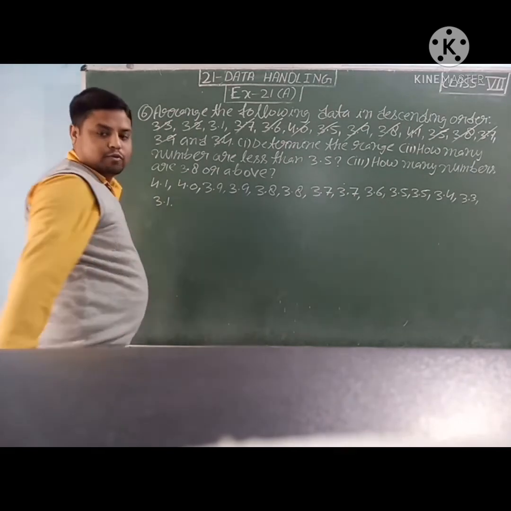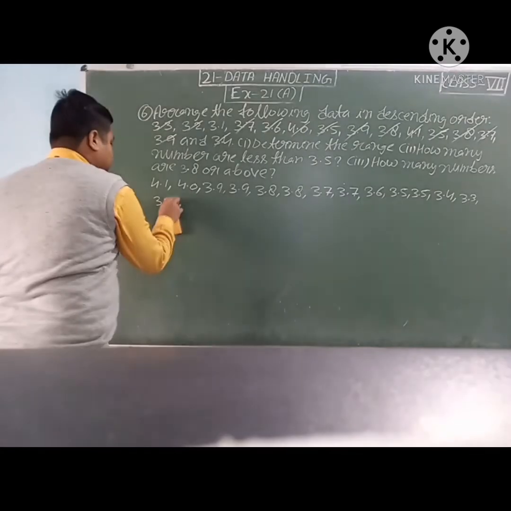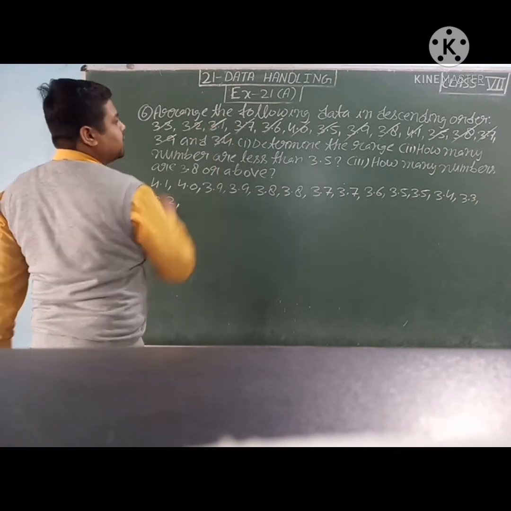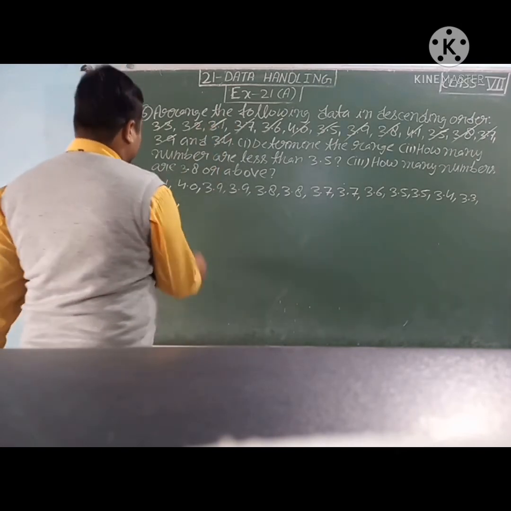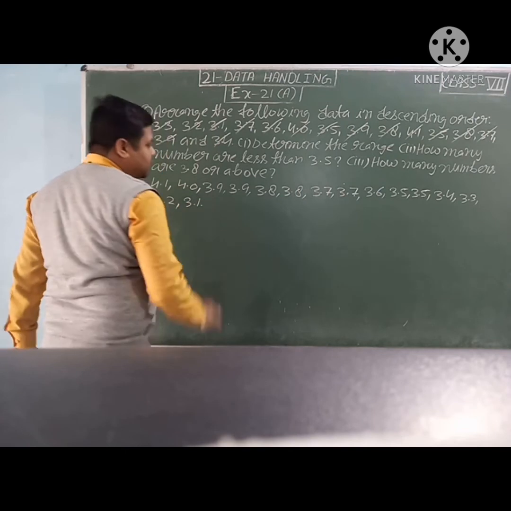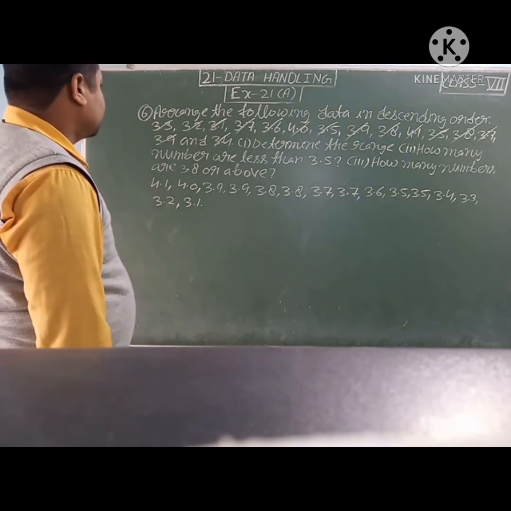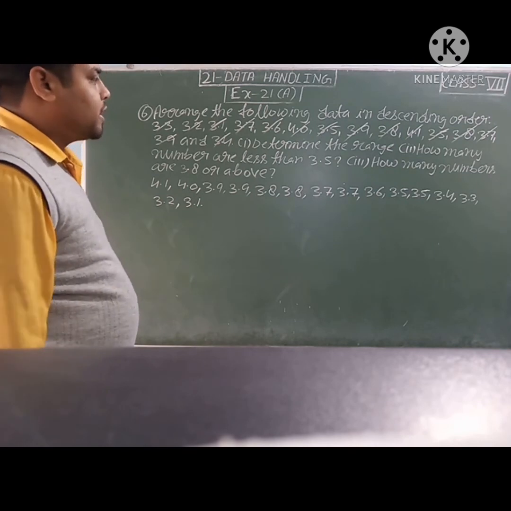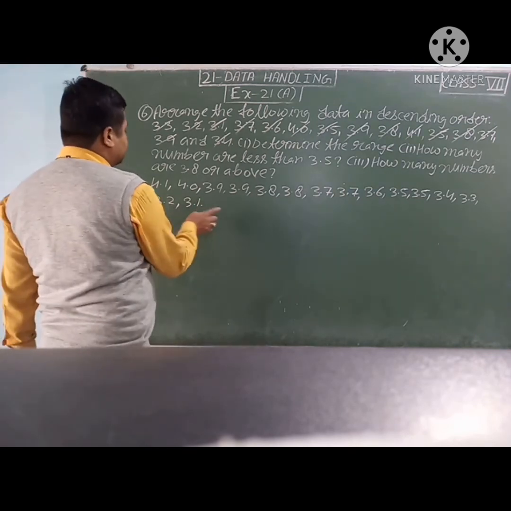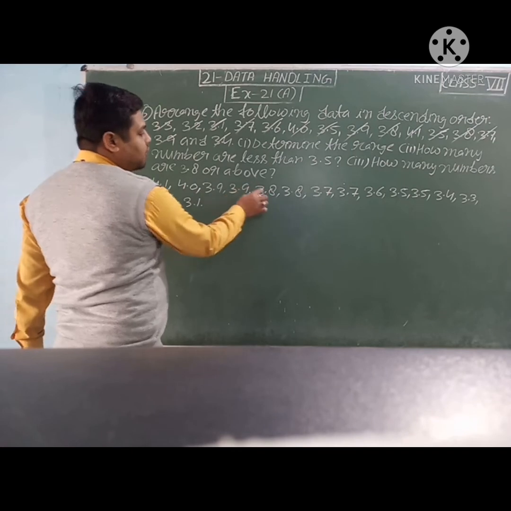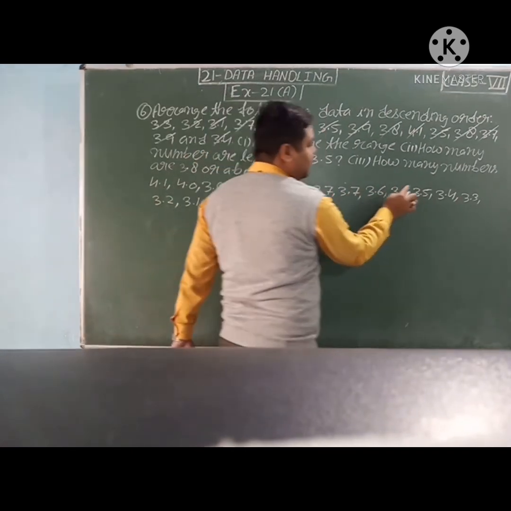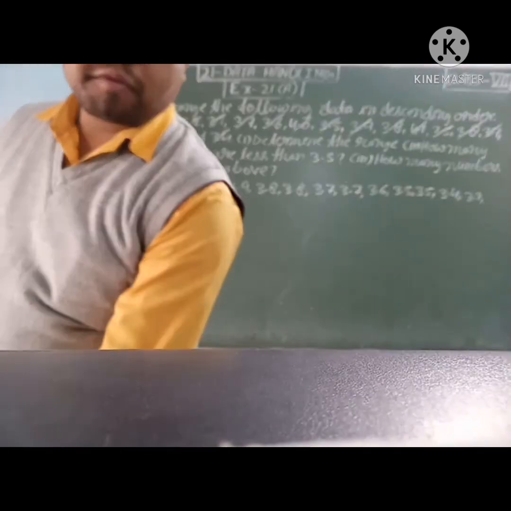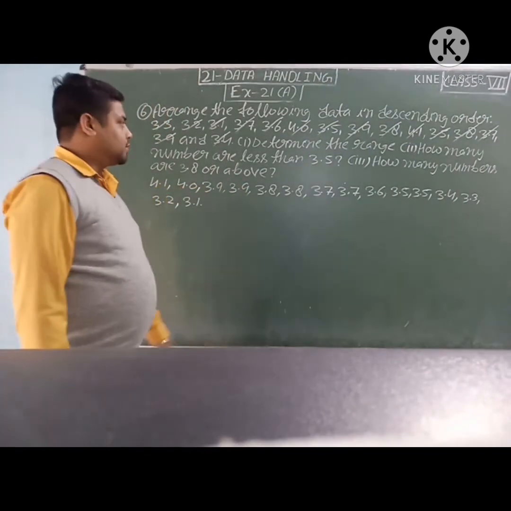It is 3.2, not 3.1. Then 3.1. Yes. After this, see, no number. So once check, all are cut. Yes, they all are cut. And count them also. They are 15. 1, 2, 3, 4, 5, 6, 7, 8, 9, 10, 11, 12, 13, 14, 15. So students, it means we had written all the numbers.